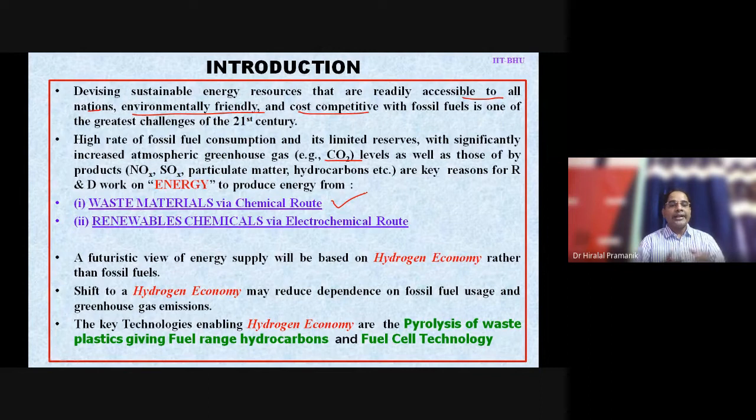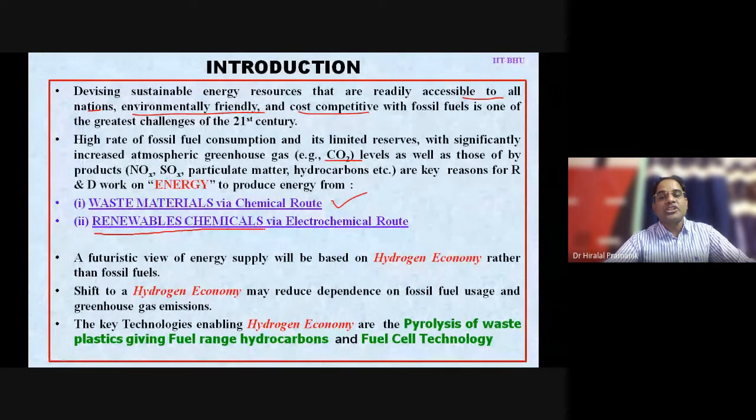And the second one is renewable chemicals, which I have considered here, which have huge potential to give electricity directly via an electrochemical route. So one is waste material converted via some chemical route to get a fuel.